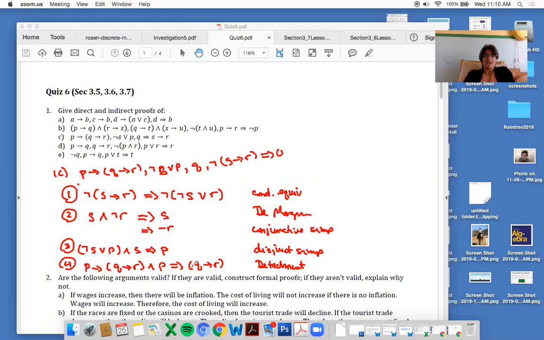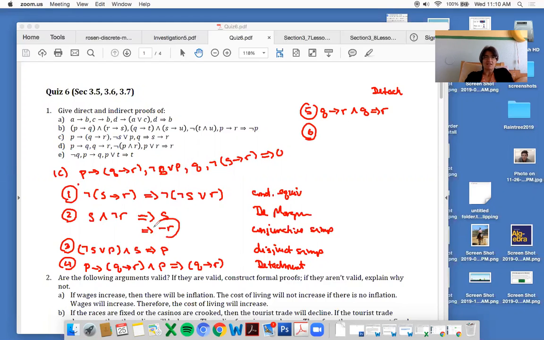Now I'm going to take this one and pair it up with the Q. So I have if Q, then R, and Q, this is going to imply R. This is detachment again. And then I see my contradiction.